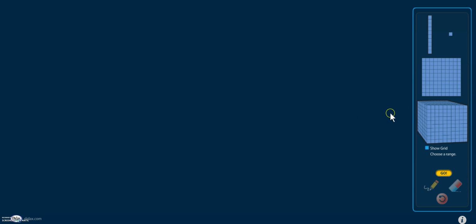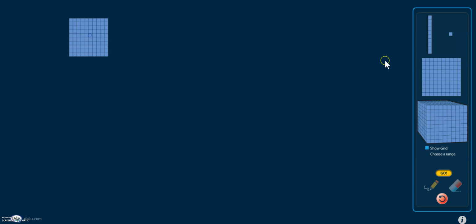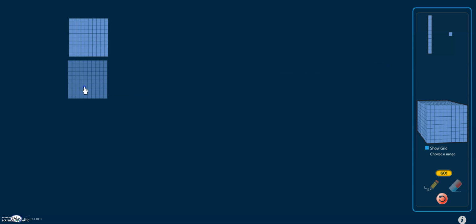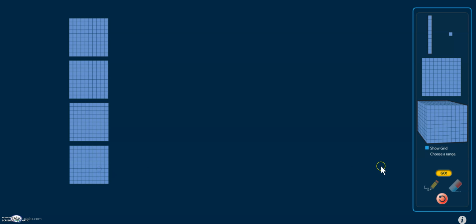So to show 491 using our base 10 blocks, we know that we are going to use 4 of these hundreds squares to show 400. Like so. 9 of our tens to show 90.